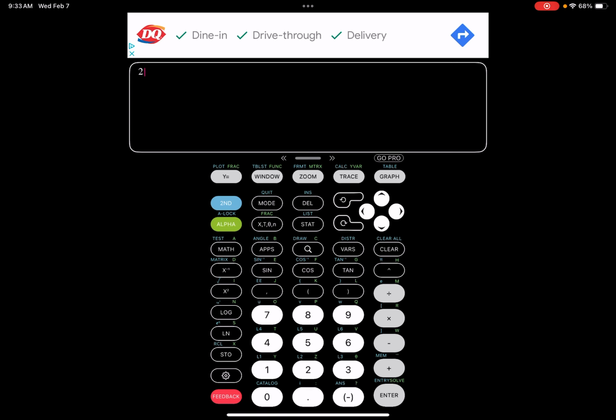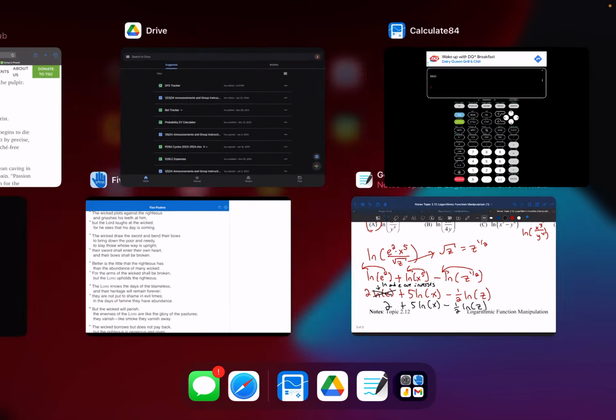So 2 ln, and then e can be found, let me see. Second divide, yep. Because 2 ln of e is just going to give me 2. But what if I just put this, like what if I delete this part? ln of e just cancels out. So that's how you would rewrite that one.